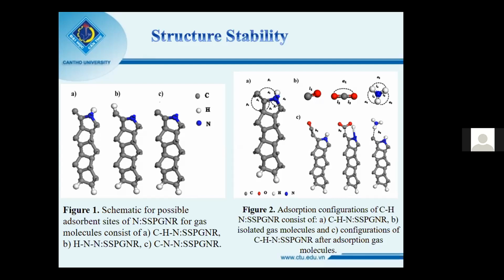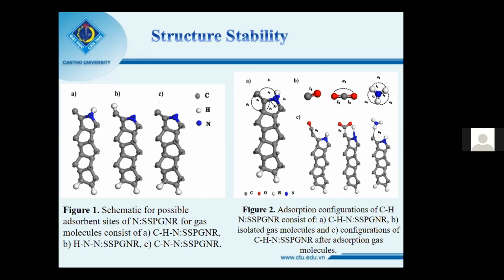The adsorptions of gas molecules were investigated on the edge of the nanoribbons, as the edge is the most reactive site in the response to the region of density functions.